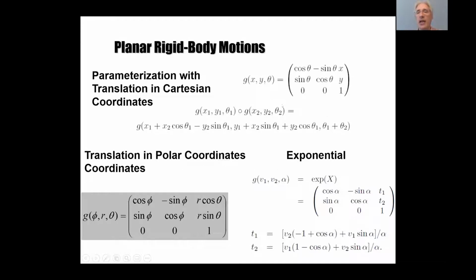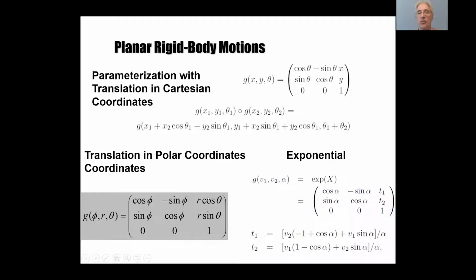In the planar case, we can represent these matrices as 3x3 matrices. Theta is the orientation angle, the SO2 angle. X and Y parameterize R2. The group law looks like this. But that's not, of course, the only way you can parameterize.